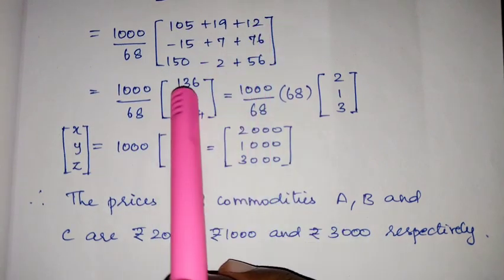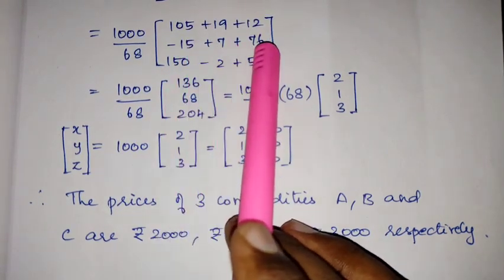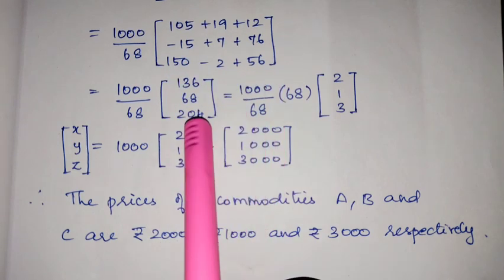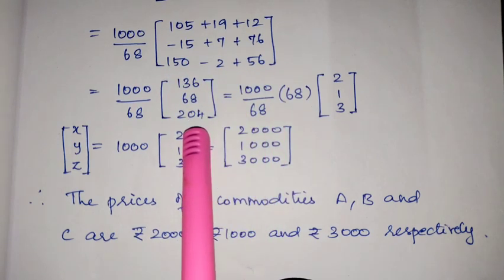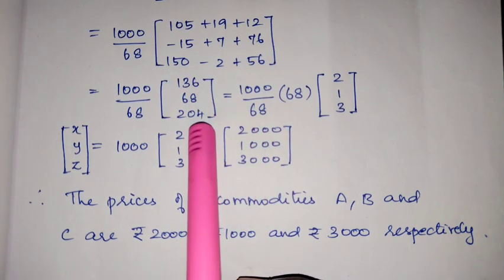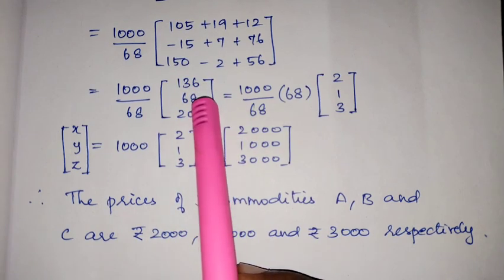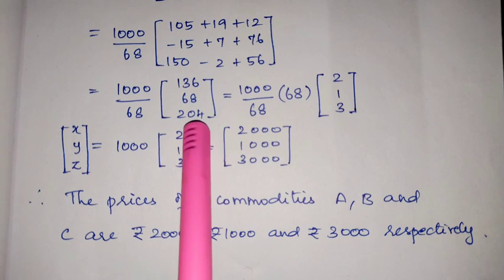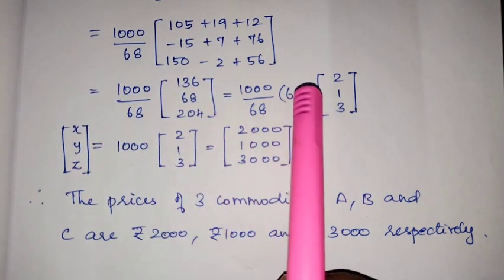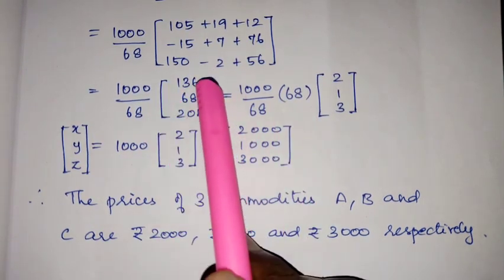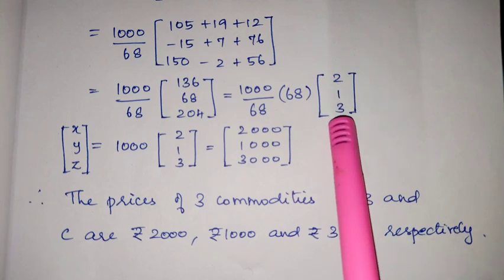Adding all this is 136 and here it is 68 and here it is 204. Now you can see these are all multiples of 68. So this is 68 into 2 and 68 into 1 and 68 into 3. So I can take 68 outside. So taking 68 outside, this matrix becomes 2, 1 and 3.